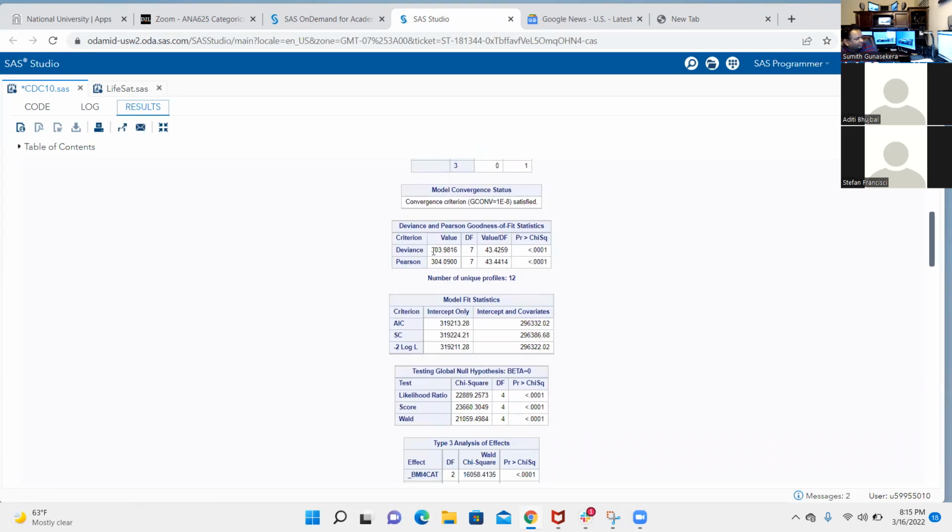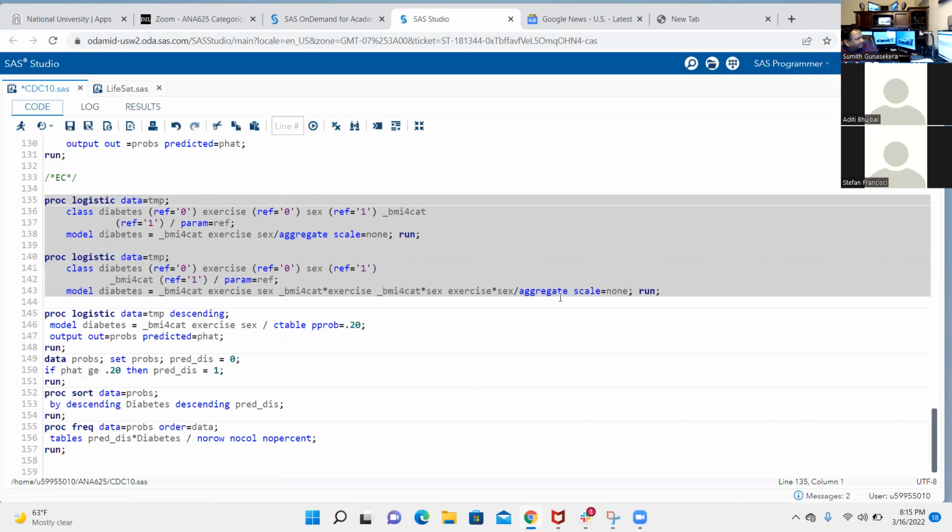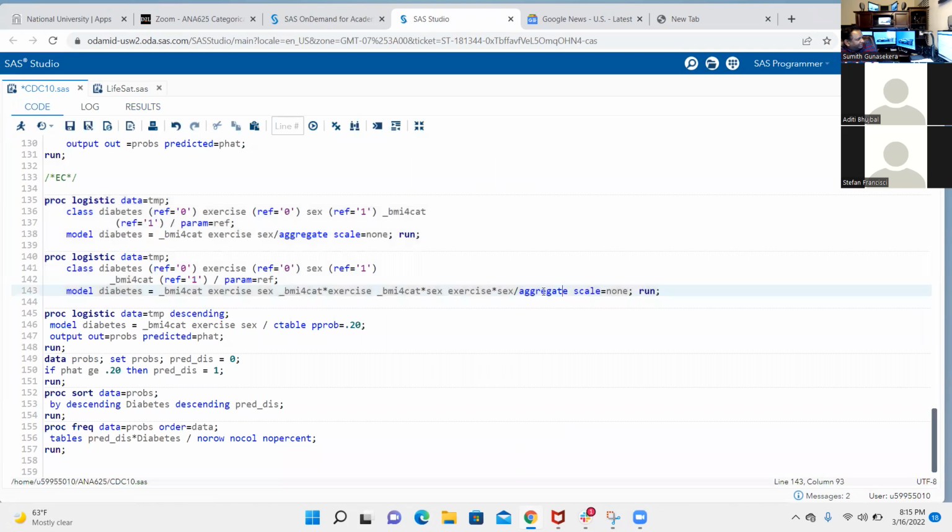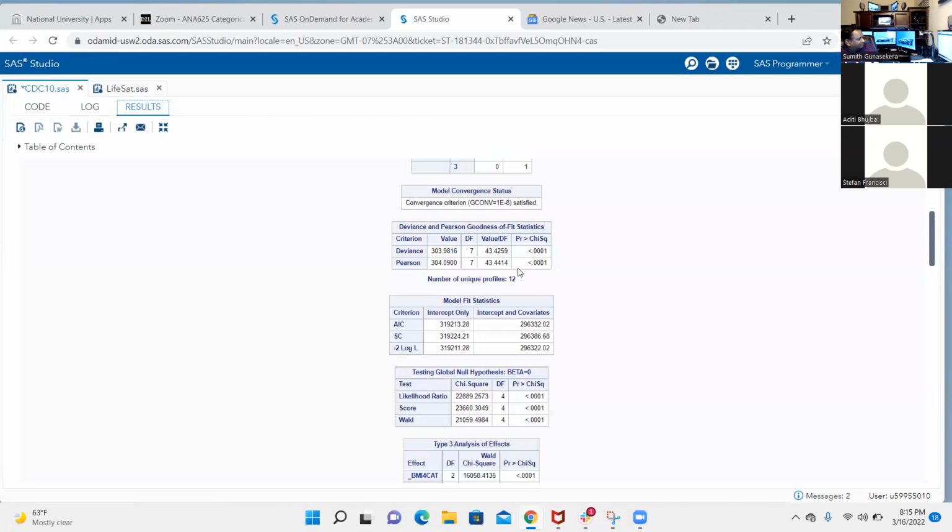I'm not going to see a deviance statistic calculated in SAS, right, between the two models? You see that one. You have to give the command. You have to give the aggregate scale none command after the slash in the model statement. Yeah, you have that one. See?